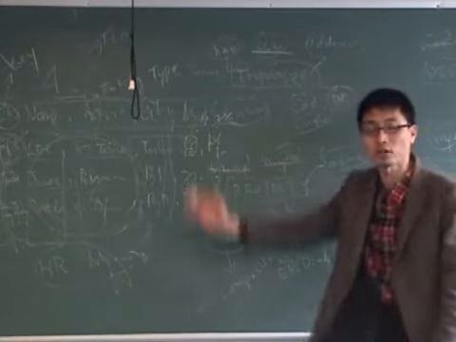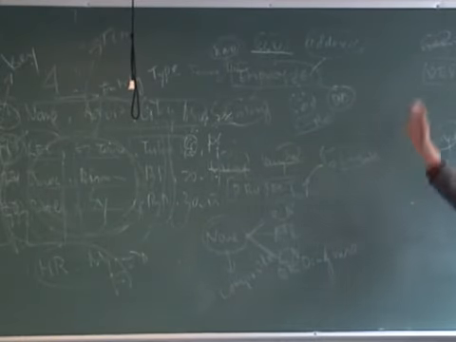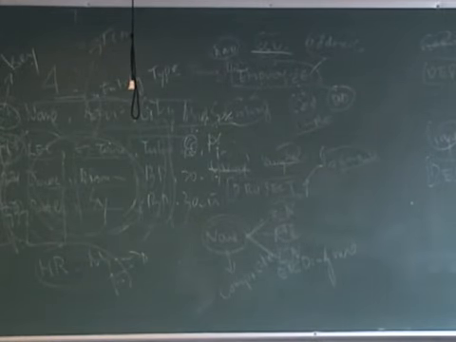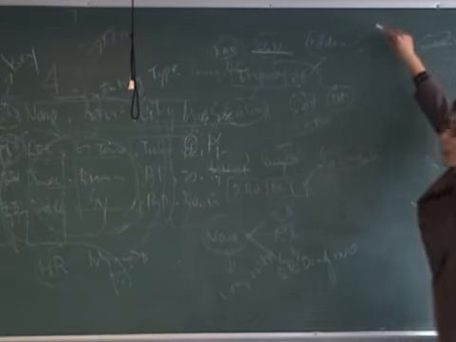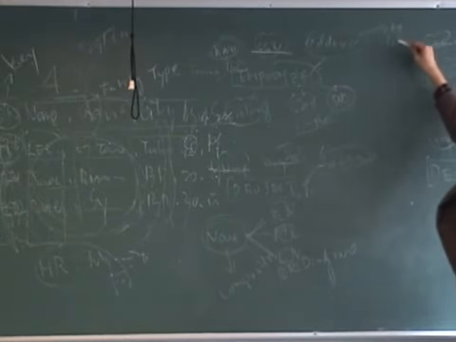Not all attributes can be composite. Some of them. What can be the possible composite attribute here? Address. Address is a good one. Like what? Street number. Street name. City. City name.